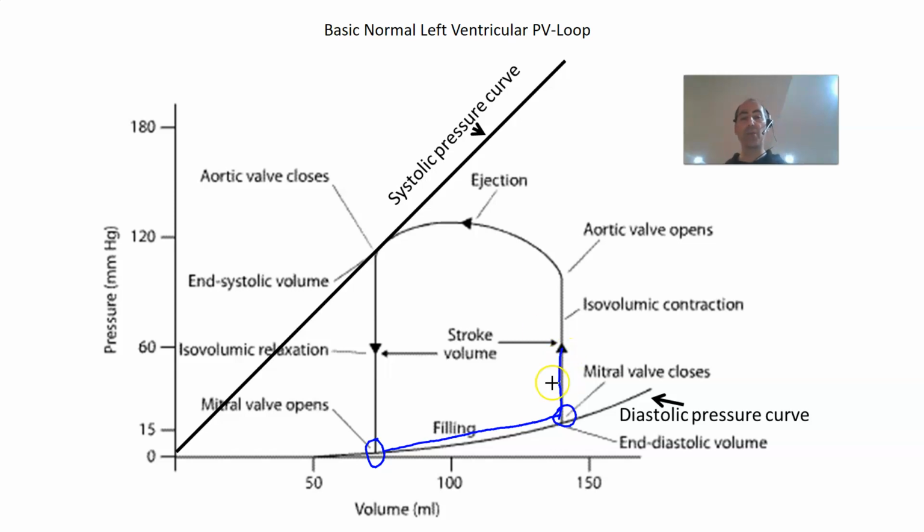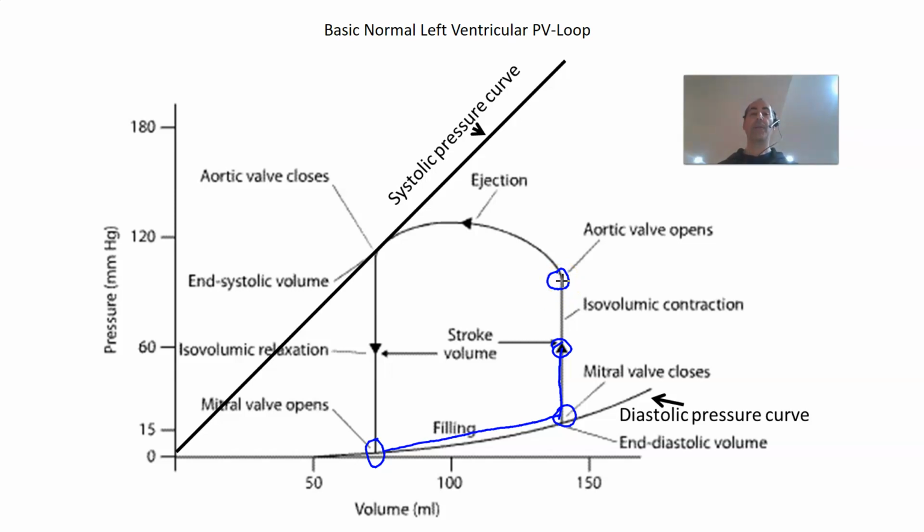It keeps going, and then it gets to this point here. That point is roughly about 80 millimeters of mercury, give or take, 81 millimeters of mercury. And that point is where the aortic valve opens.